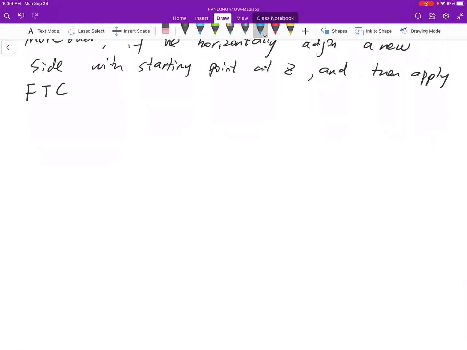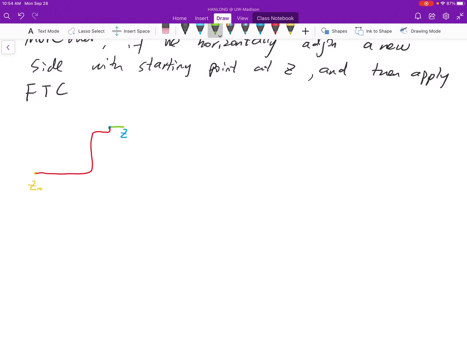So if you draw a picture, what we are doing: you have z0, and now you just choose a path to define F(z).